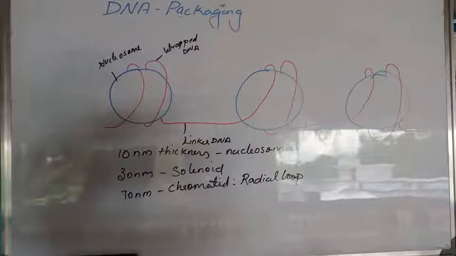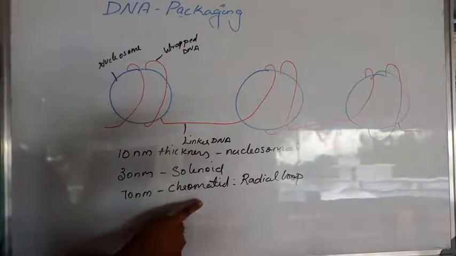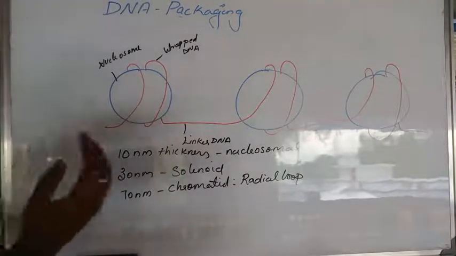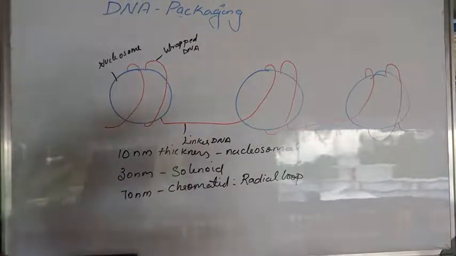A nuclear scaffold formed by non-histone proteins holds all the folded loops of chromatin. So the looped folded chromatins are connected with each other by non-histone chromosomal proteins, which hold the folded scaffolds together.